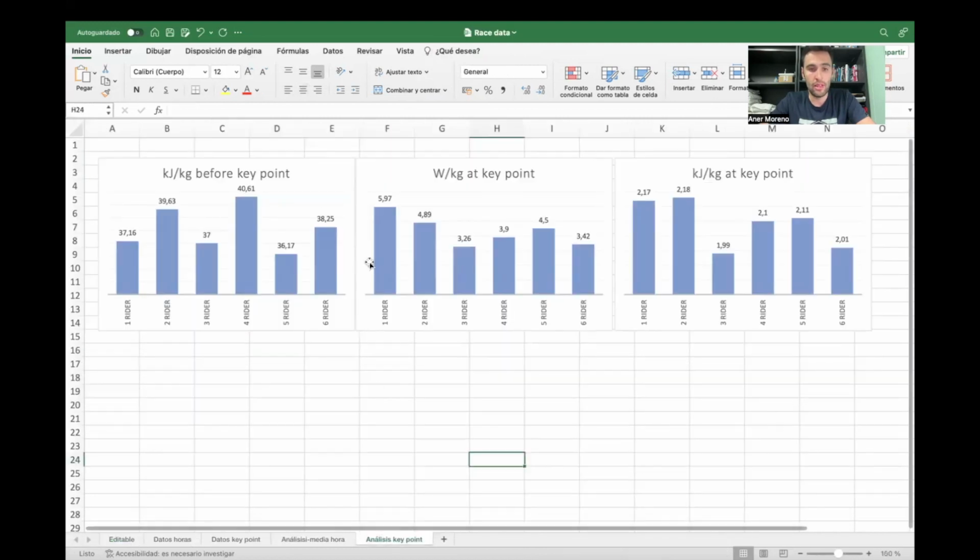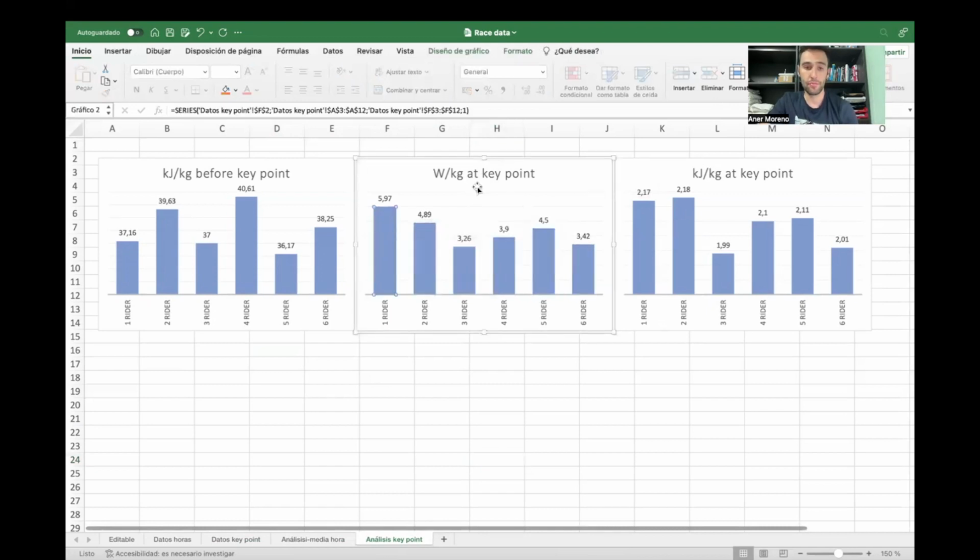So graphically we can see how the leader climbed it at higher power per kilogram, watts per kilogram, 5.97 against 4.89. This was the rider who held this one to take a good position in the peloton. Okay, so the other ones were dead and they couldn't give their best.